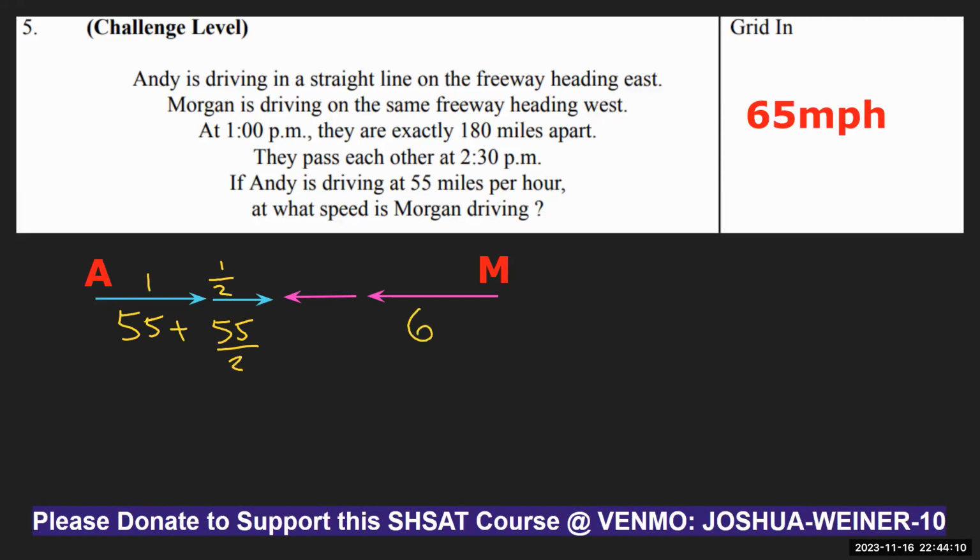If Morgan is traveling 65 miles per hour, in the 1 hour, she'll go 65 miles in that other opposite direction. And then for the half hour, she'll do 65 upon 2. So if we add those 4 distances, it should add up to 180 total.